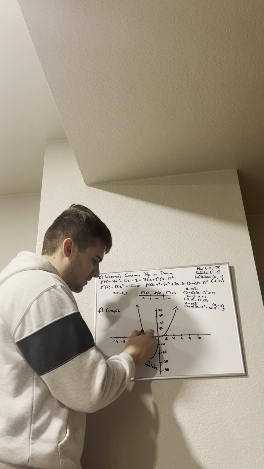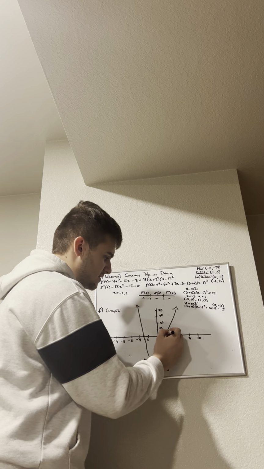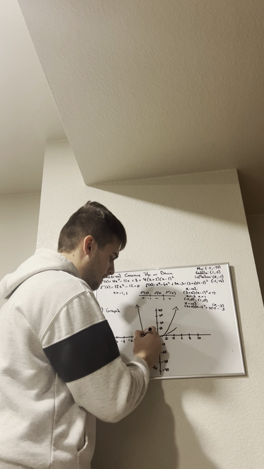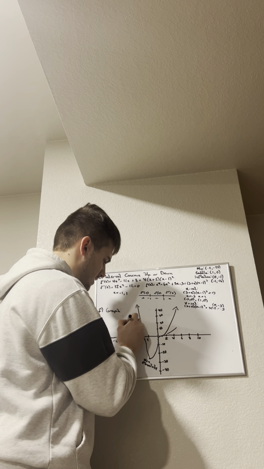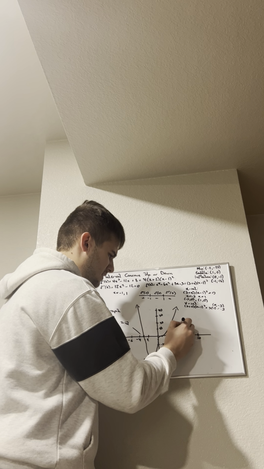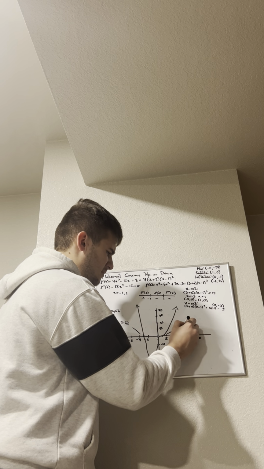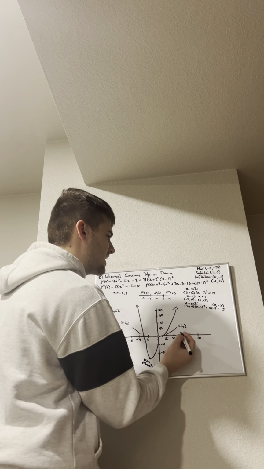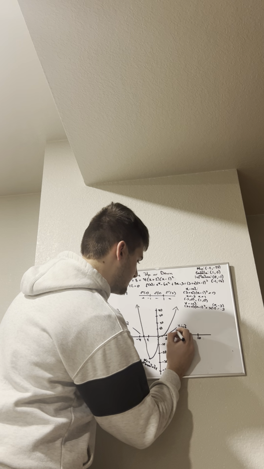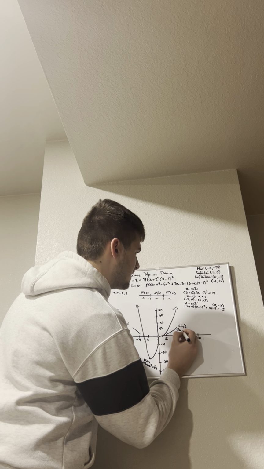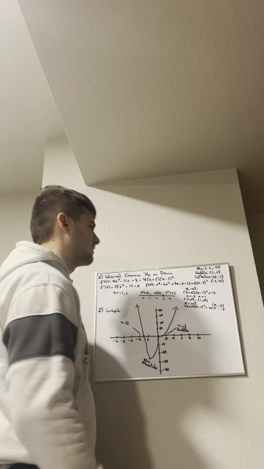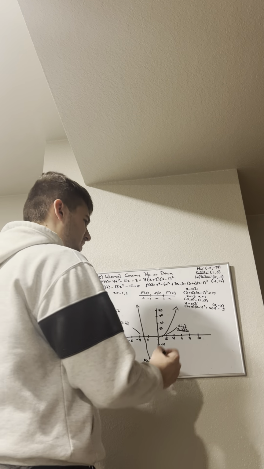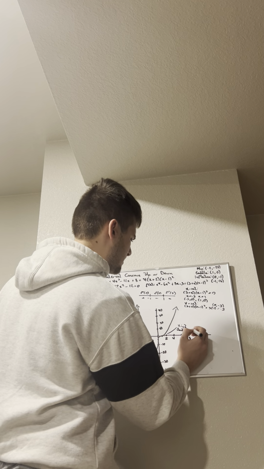And then right over here we have the x-intercepts. So x-int, x-int. And then also here you have the saddle as well. And a point of inflection, I'm pretty sure, as well.